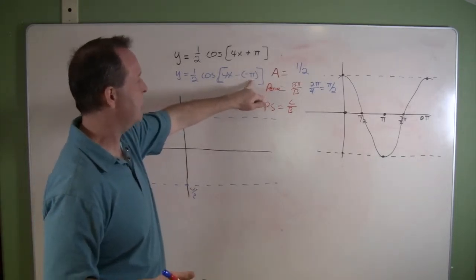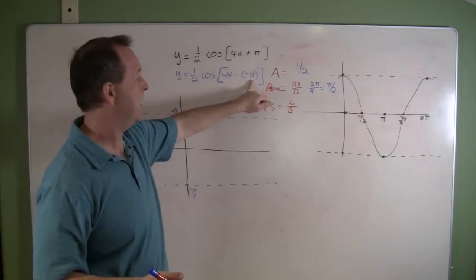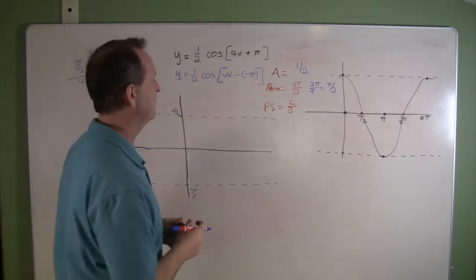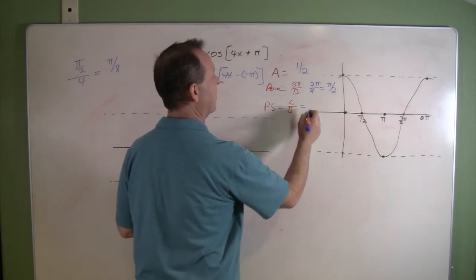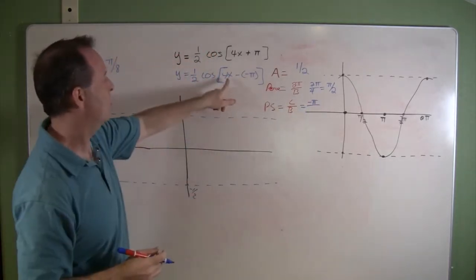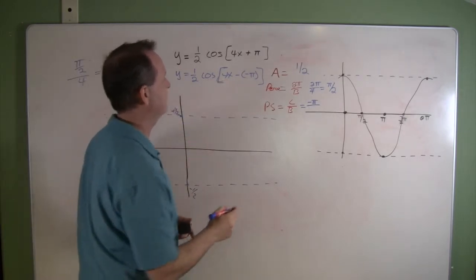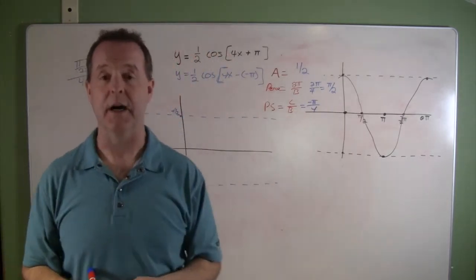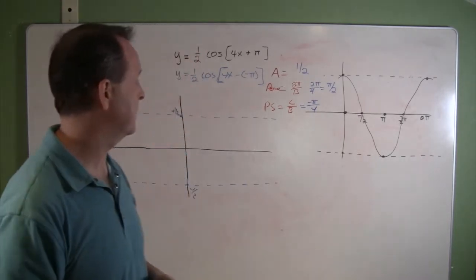So my particular value of c is actually negative pi. So I'm going to have negative pi divided by my b, which was 4. So I have a phase shift of negative pi fourths.